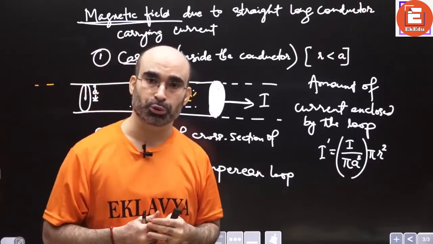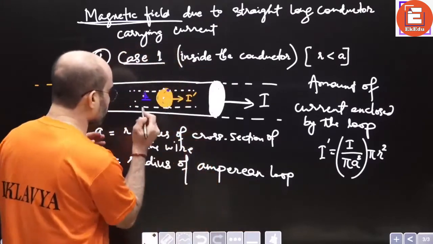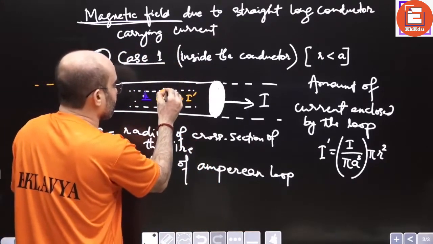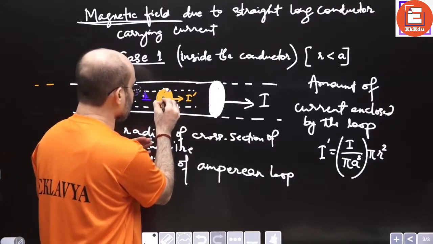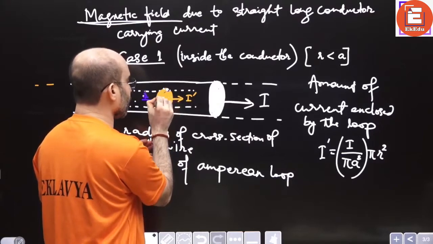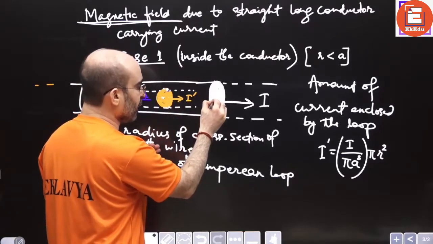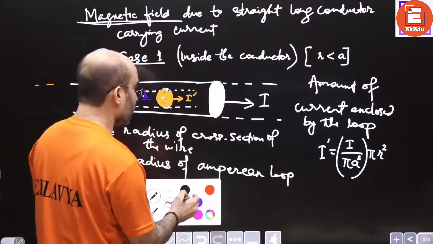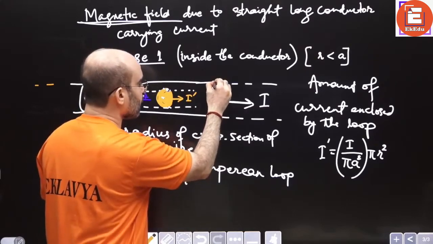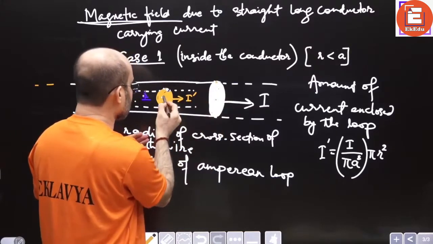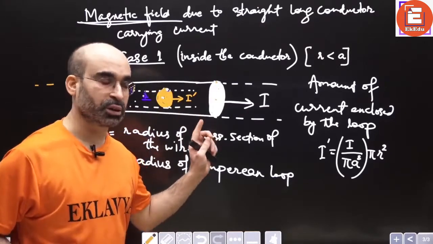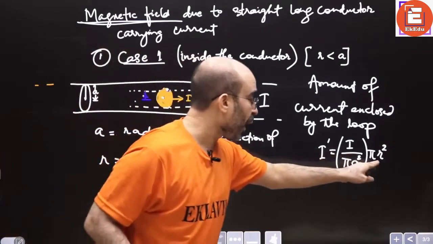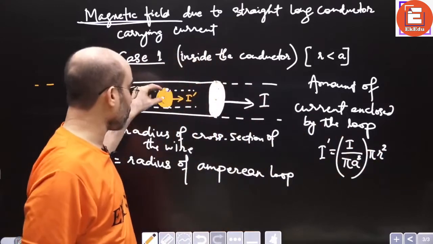Why is this cross section so important? Because we are supposed to find out the magnetic field at this point, which has a distance from the center. This loop has radius r. So this is what we need to understand. So pi r square is the area of this cross section.